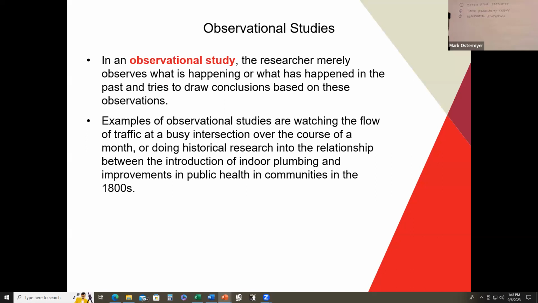And so your results will not be under any duress, okay, because of change of situation or change of location. All right. For instance, an observational study might be observing traffic at a busy intersection. Maybe recording how many cars enter and exit the intersection on an hourly basis. That's an observational study.